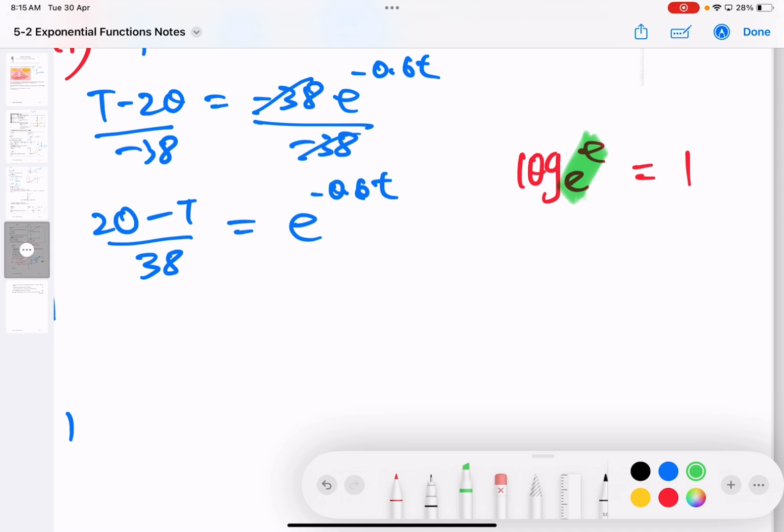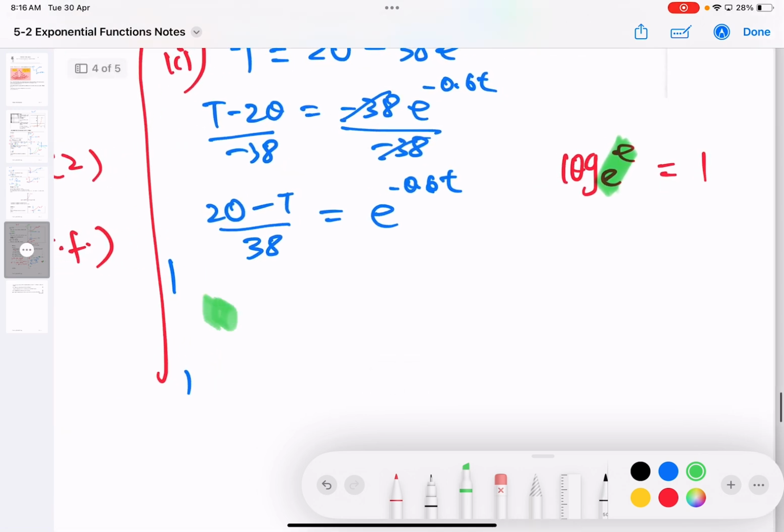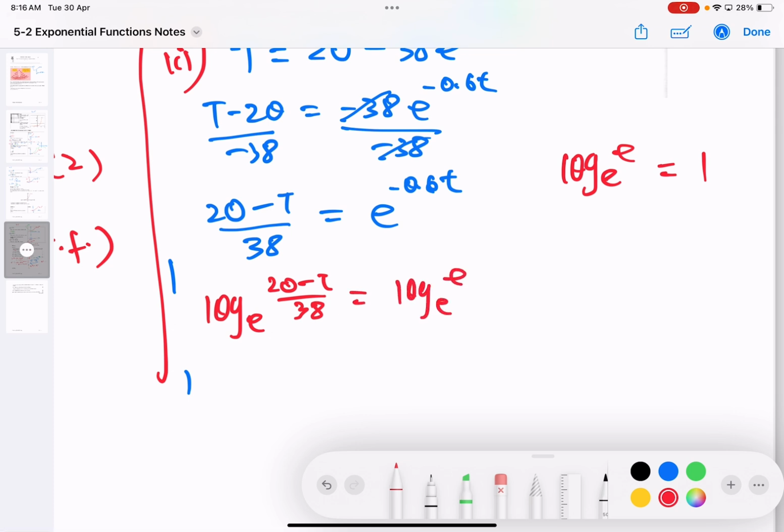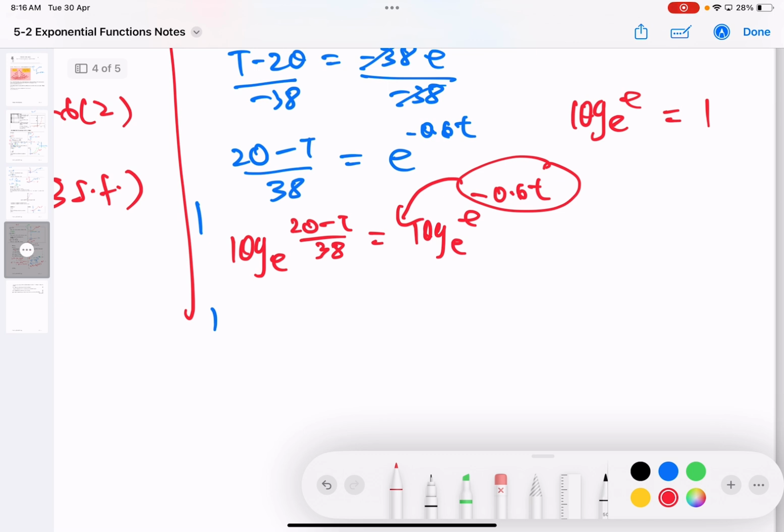So we can log base e of 20 minus T over 38 is equal to log base e of e to the power negative 0.6t. This power can be brought down, and log base e of e gives us 1. Therefore negative 0.6t is equal to, log base e can just be written as ln, ln of 20 minus T over 38.